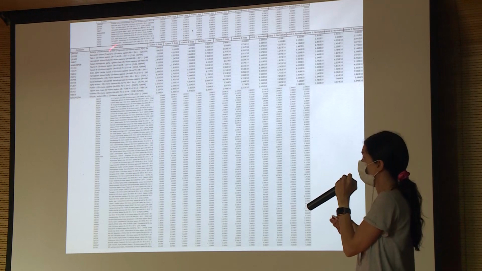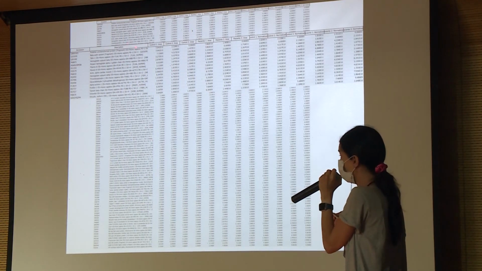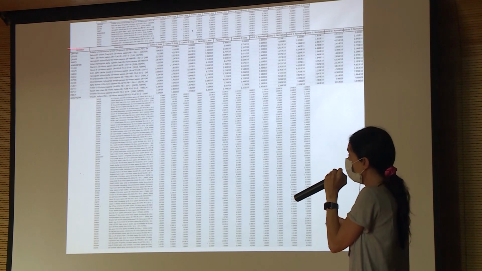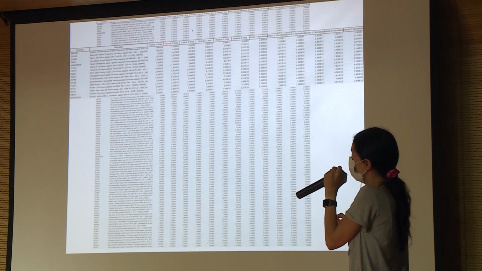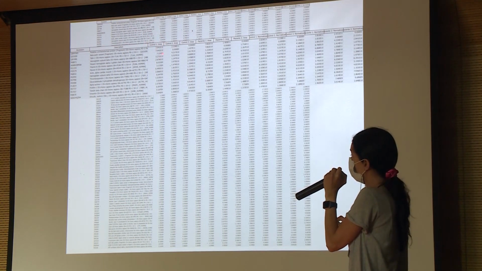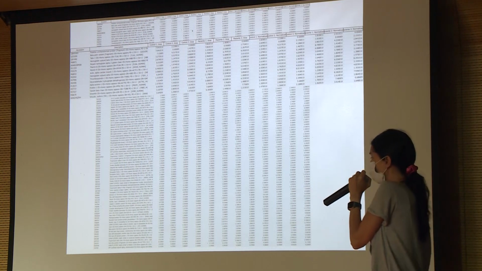Here is an example of the result form of a label-free quantitation experiment. Again, each line is a protein hit, and then we have the areas. This is control 1, an area for each protein, control 2, control 3, patient 1, patient 2, patient 3. So basically, what we do here is we normalize the areas.